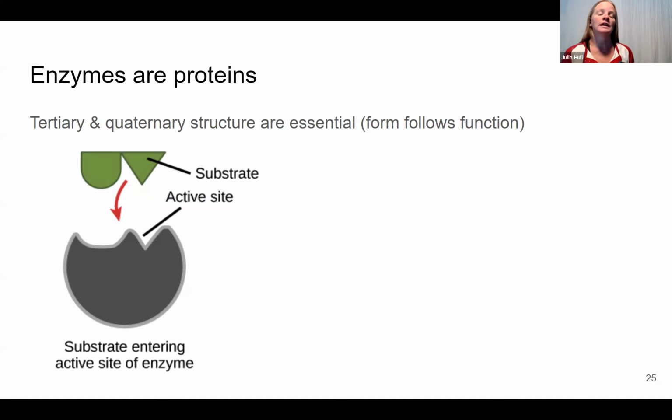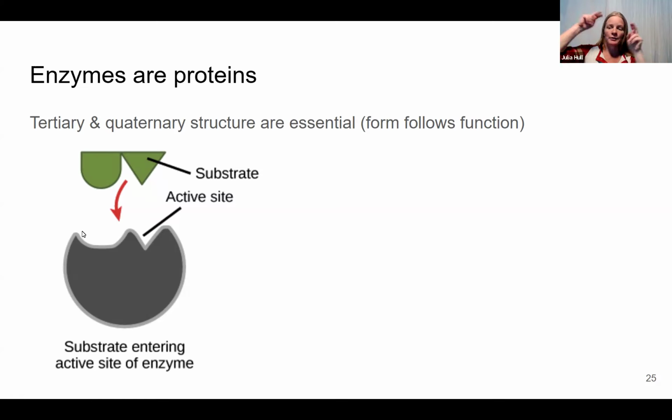Okay, and in order for an enzyme to function, we need the active site. So here's our little gray circle blob thingy. This is representing our enzyme. What we're going to see is the reagents, the reactants, that are coming in to have our chemical process go.